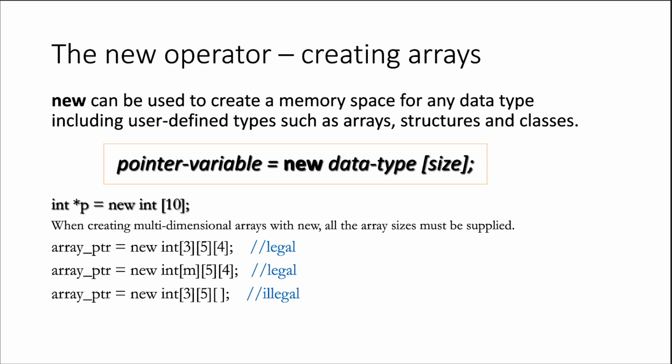So it is illegal, you cannot go ahead. Similarly, any dimension that is not given is illegal. Clear? So you can create not just a single variable, you can create a new array of data types using the new operator.